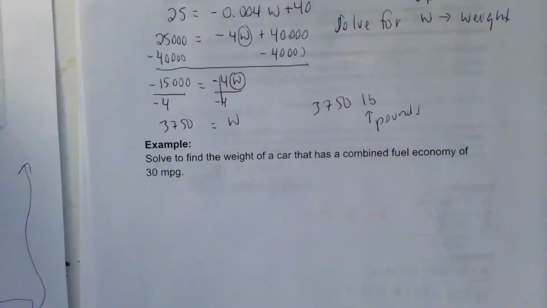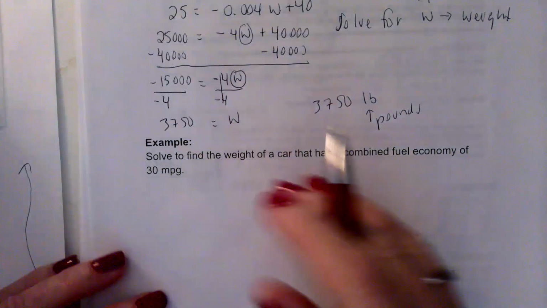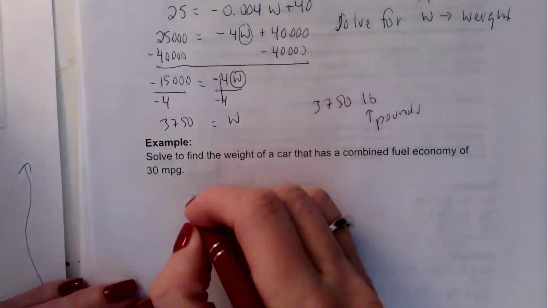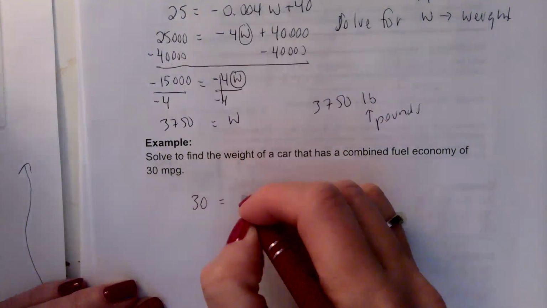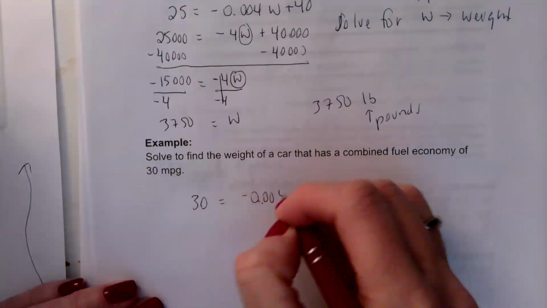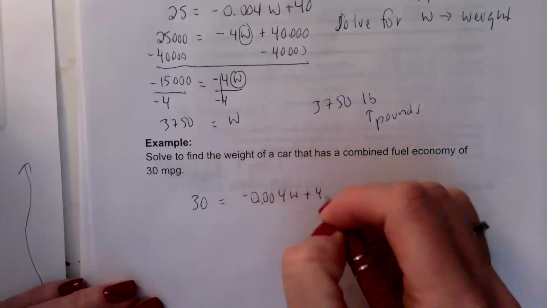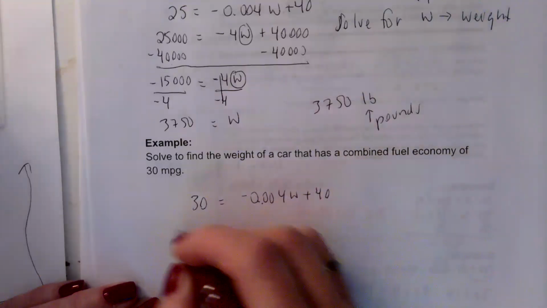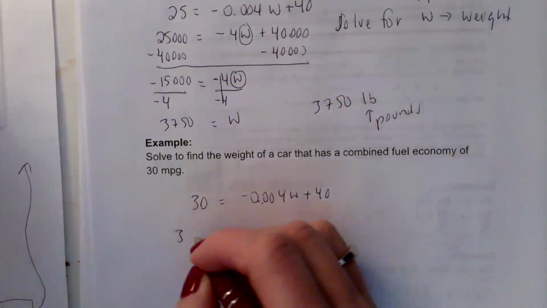And then the last example says solve to find the weight of a car that has a combined fuel economy of 30 mpg. Okay, so now we're going to do the same thing we did up there, but with 30. So again, adding 3 zeros.